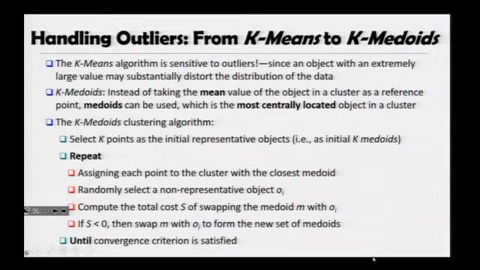And the next step will be different from K-means, is that you randomly select a non-representative data point or object, OI, and then you compute the cost if you swap this data point with the original midpoint and use this data point as the new midpoint. What would be the cost?